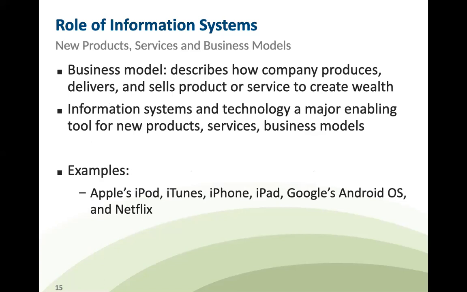Creating wealth means creating profit or sales. Information systems and technology are major enabling tools for new products, services, and business models. We'll consider an example: Apple's iPod, iTunes, iPhone, iPad, Google's Android OS, and Netflix.